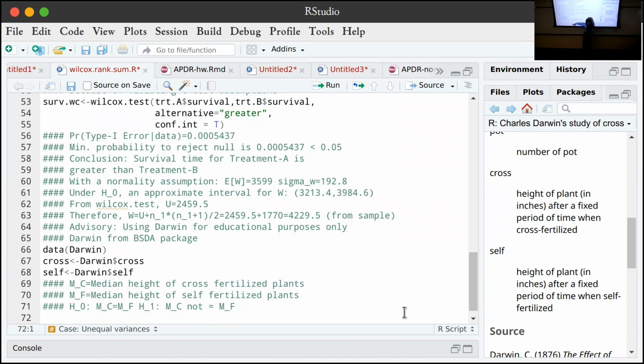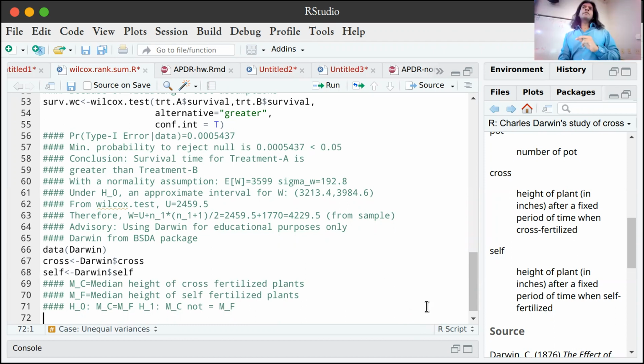So the null: the median height of cross-fertilized plants is equal to the median height of self-fertilized plants. Alternative: they're not equal. We know how to test for normality. One, we can do a picture.